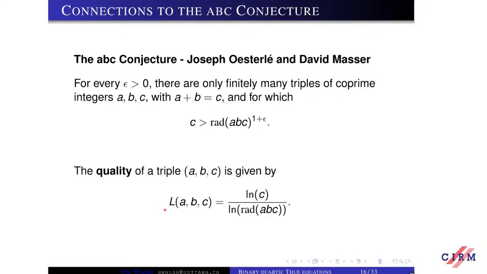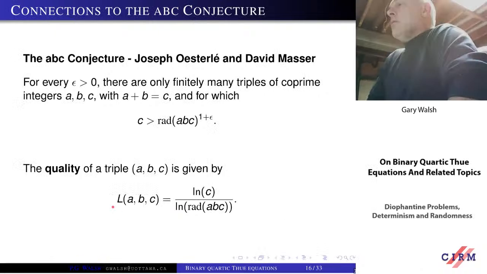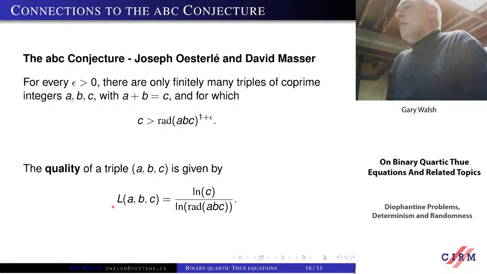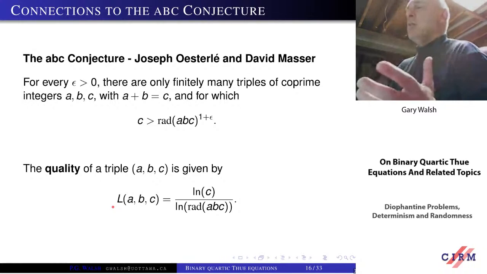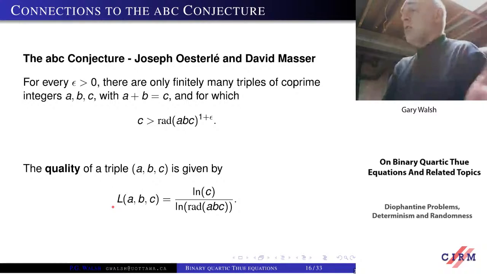there are some rather difficult discussions going on around the world concerning the ABC conjecture. As we all know, there's this work going on in Kyoto, and a friend of mine described this unfortunate situation: inside Kyoto, the ABC conjecture is true.